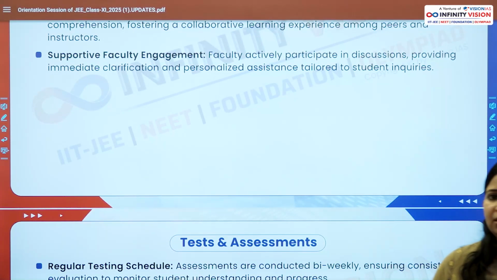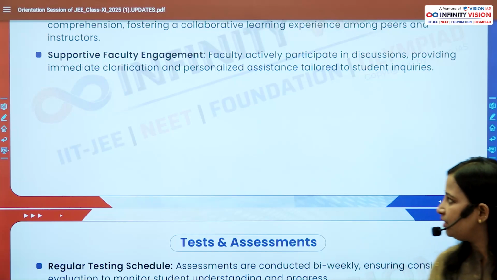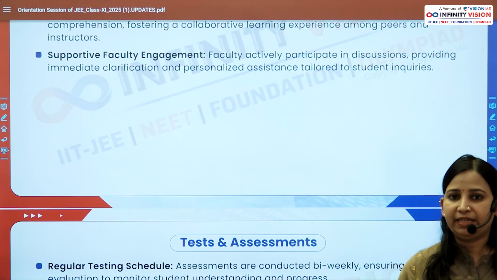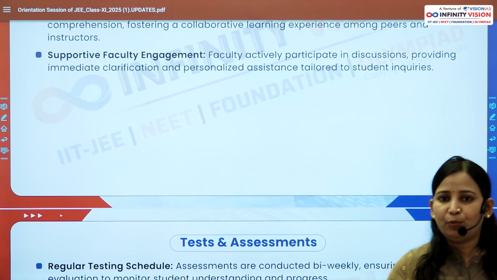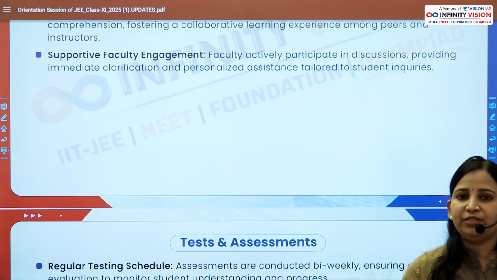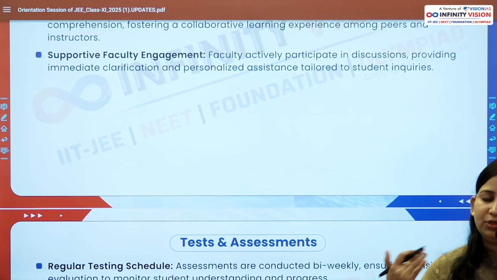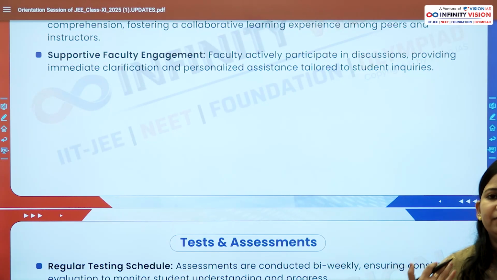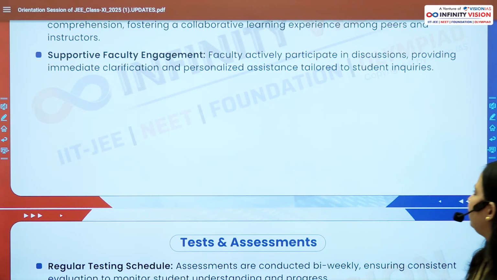So in our institute, every faculty is always present and actively supports the students to clarify their doubts, and encourages them to put up more doubts, solve more problems, and come with their doubts whenever required.